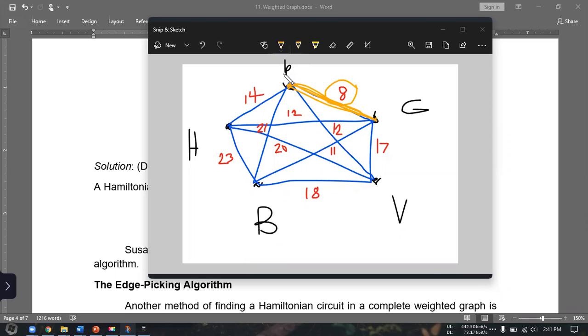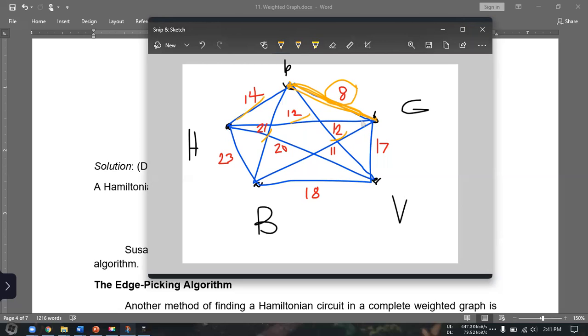So our choices: post office to home, that is 14 minutes. Post office to bank, 21 minutes. Post office to the video rental, 12 minutes. And in reference to the vertex G, grocery to home, 12 minutes.